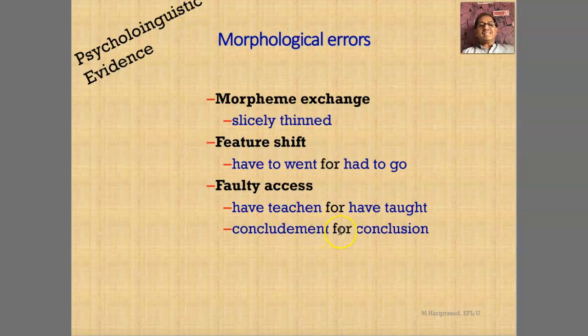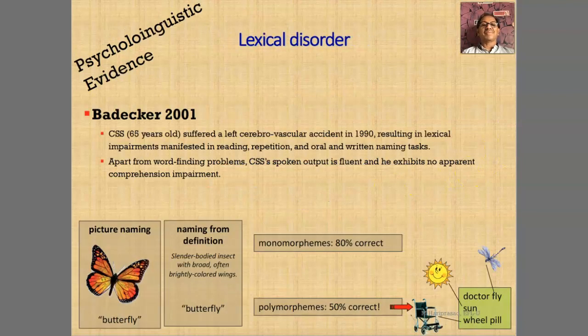But as an error, in fast speech, we may find some tongue slips and we find a word like concludement instead of conclusion. This shows that there are separate affixes and stems and they are combined in the brain when we are speaking. So morphological errors strengthen our second hypothesis.